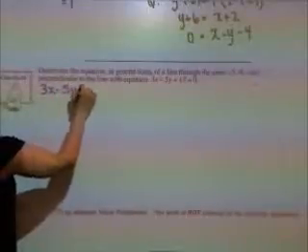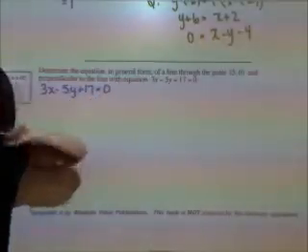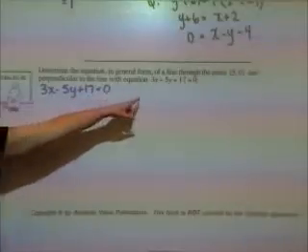Into y-intercept form. Okay. Isolate y. So to get y by itself, do I want to move the y to the other side of the equation, or do I want to move the other stuff? So look at my y value. Is y positive or negative? So if it's negative, move it.